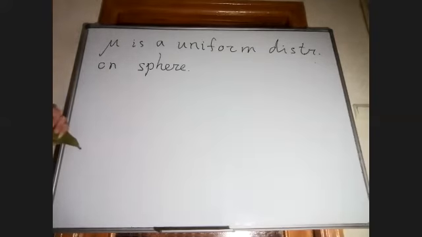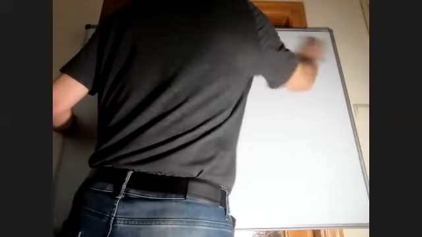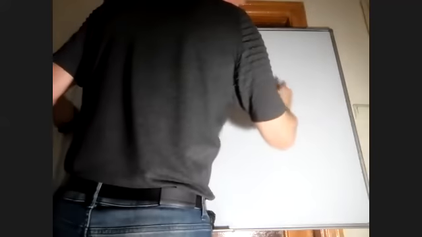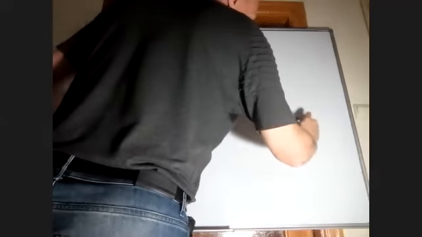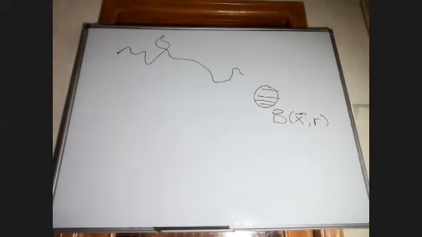Why am I considering this measure? Because if we want to discuss the probability that if we start from somewhere, then we will hit some ball B(x, r), we can proceed as follows.